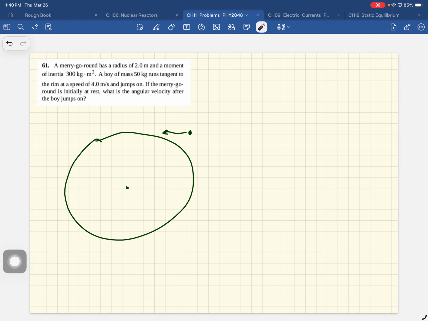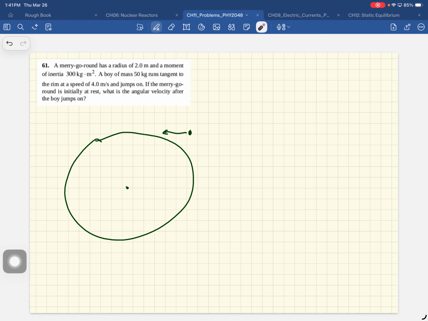What is the mass of the boy? 50 kgs. And the radius is 2 meters. So that's 200, so 500 kg meter square.